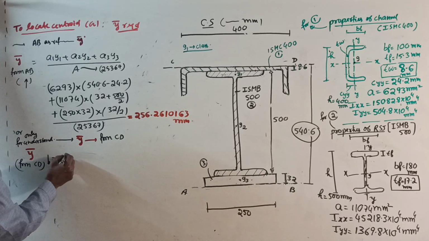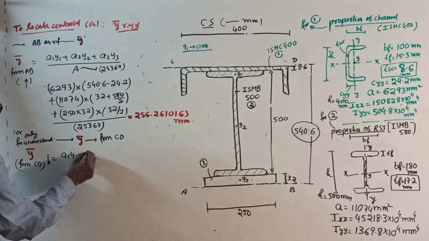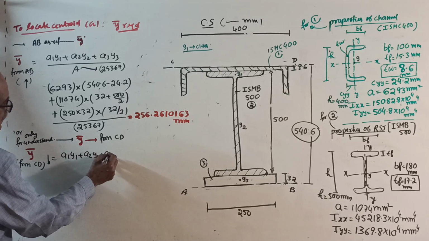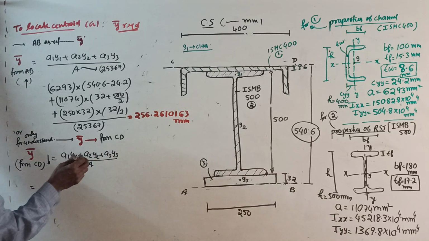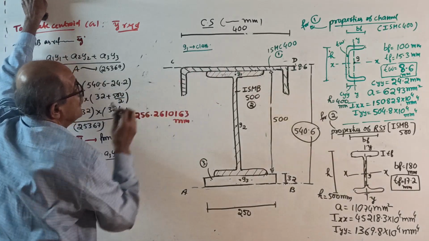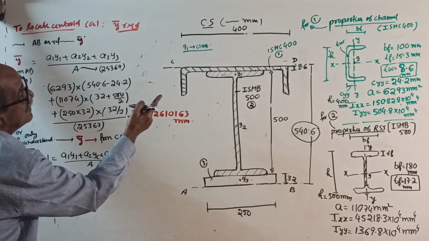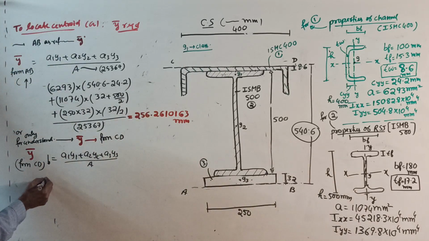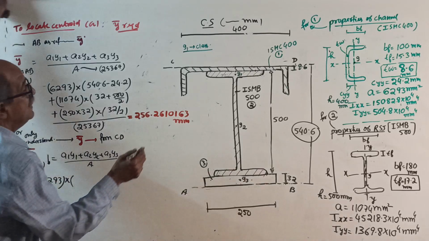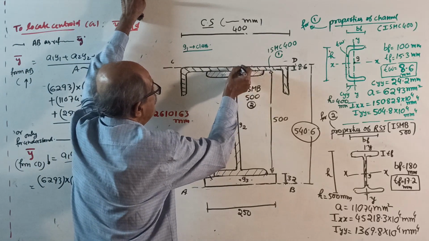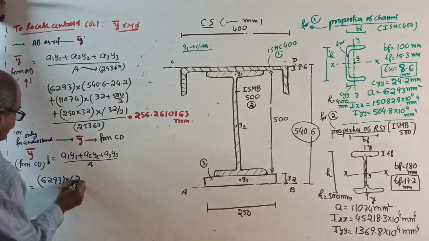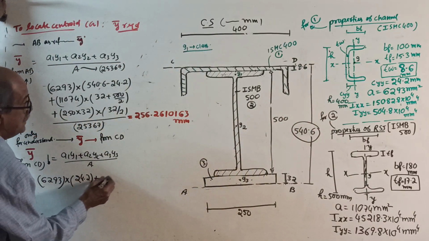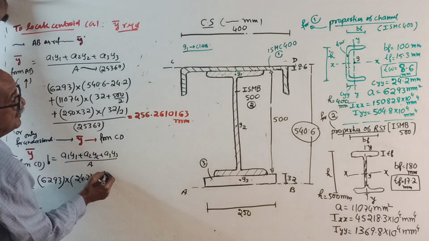Why should I write once again? A1 Y1 plus A2 Y2 plus A3 Y3 divided by total area equals, see here, A1, area of the channel. From top, area of channel 6293 into Y1, its centroid from the top edge. This is directly 24.2. So 6293 into 24.2 plus A2. This I section area, where is it?